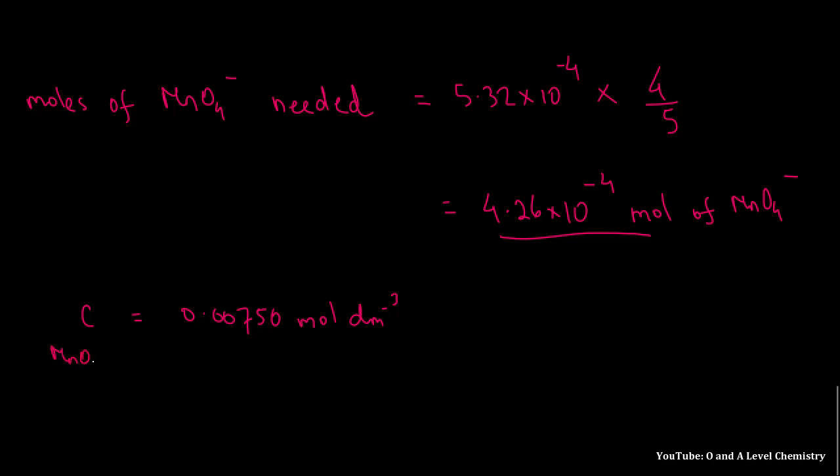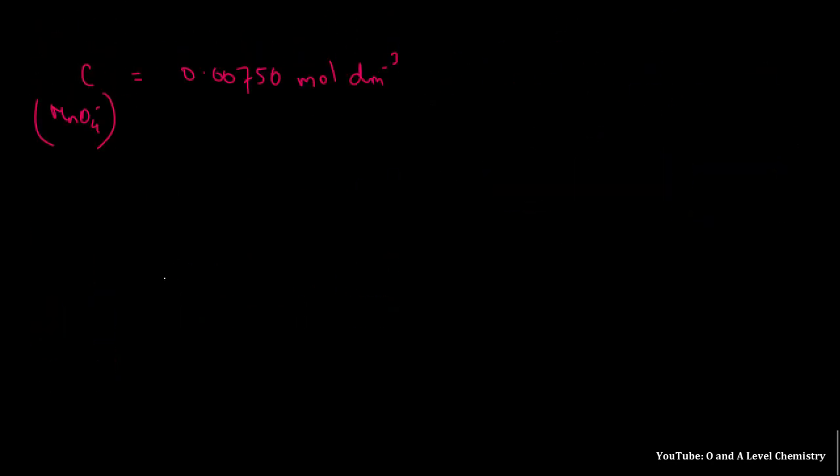So I know the moles of MnO4 minus, I know the concentration, so I can figure out the volume. Moles equals concentration times volume, you know this bit. So volume would be mole divided by concentration.